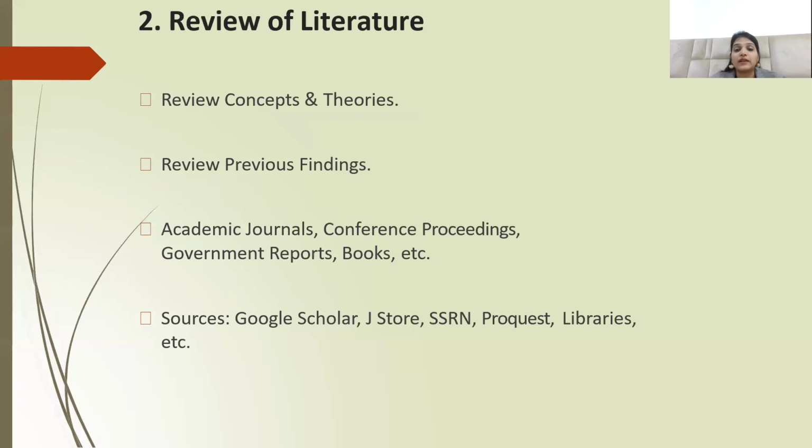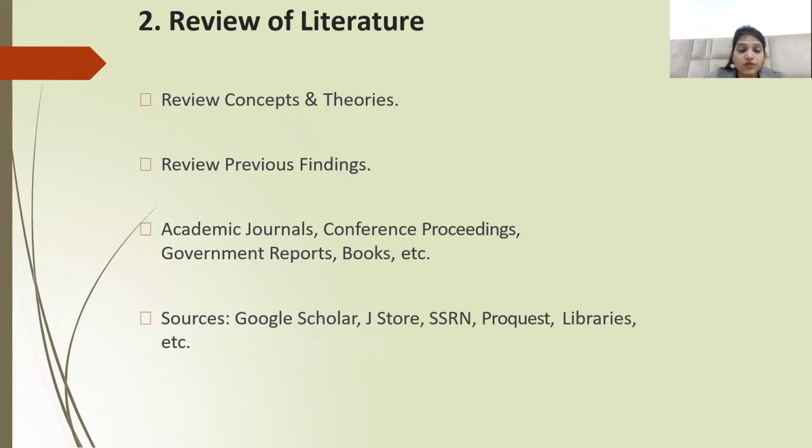Once you have finalized your objective and what you want to do, you are required to do the review of literature. Basically, in review of literature, we go by all the available literature on the topic. We check all the previous findings, the methods applied, the area it has been done.